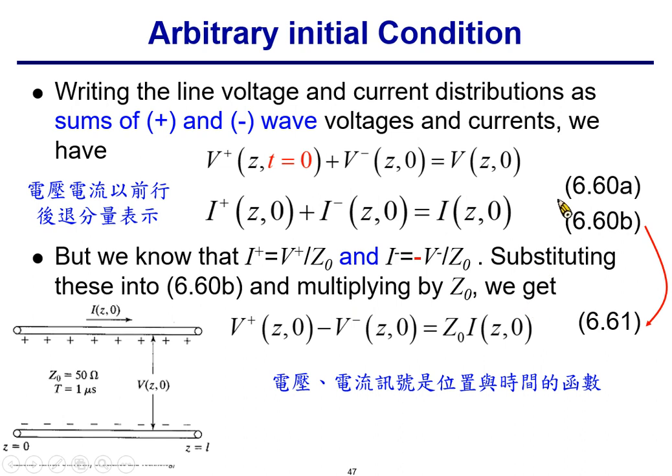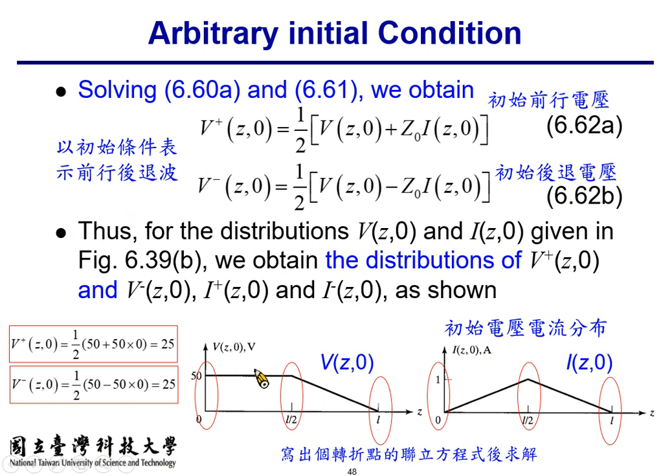So we can figure out what V plus is and what V minus is, as long as you can provide me the total voltage and the total currents on the line, right? And look at the distribution of the total voltage and total currents.